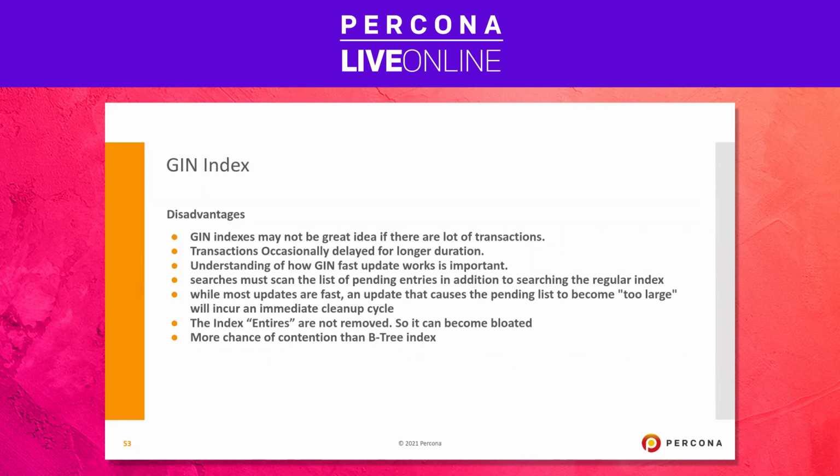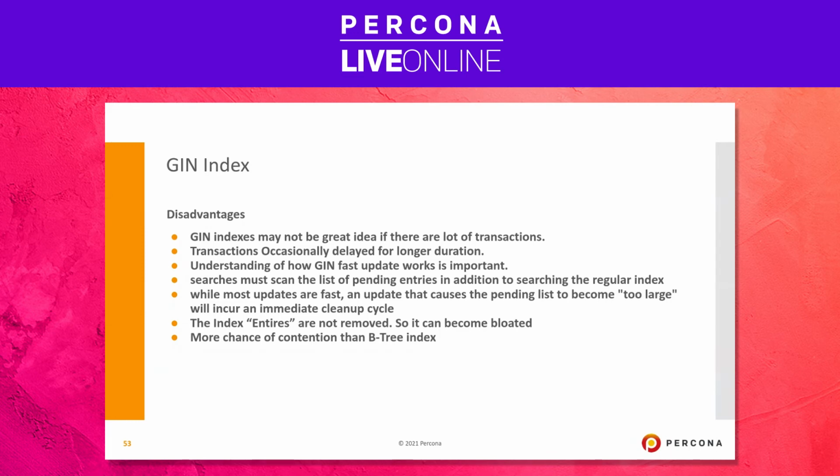And coming to the disadvantages of the GIN index: it may not be a great idea if there are a lot of transactions, and occasionally there could be some delays because that's the time when the pending list is getting merged.